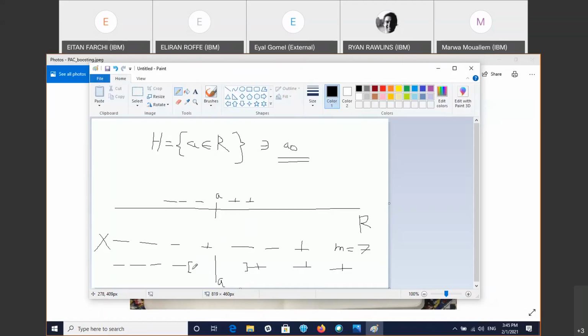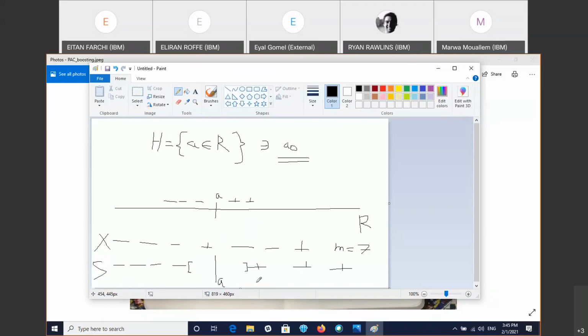So any A in this range, less than the minimal plus and more than the maximum minus, will give you an ERM algorithm, because it's going to be making the minimum mistakes on the sample set, which is 0 in that case.